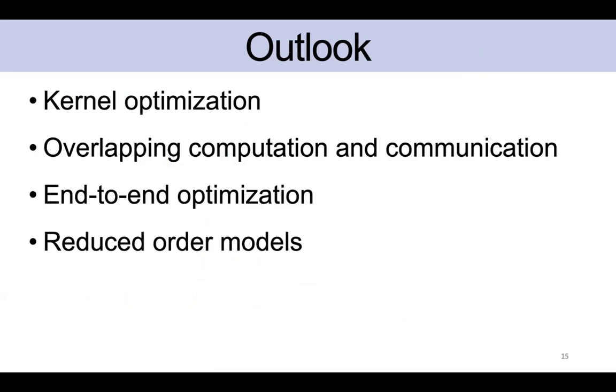Another thing is that we would like to overlap computation and communication, and do end-to-end optimization of the solver itself. And finally, we would like to use reduced order models, because the main goal is that we would like to get a real-time simulation, if that is possible.